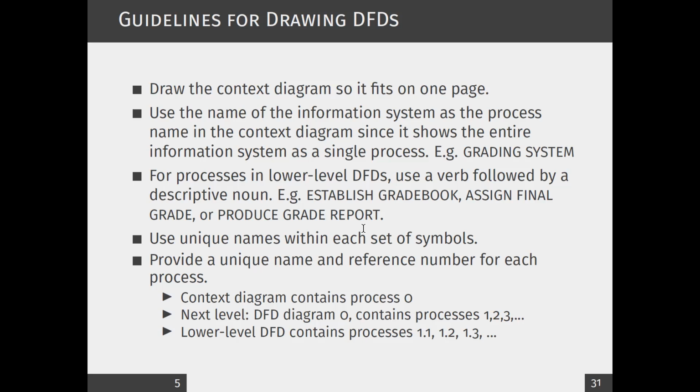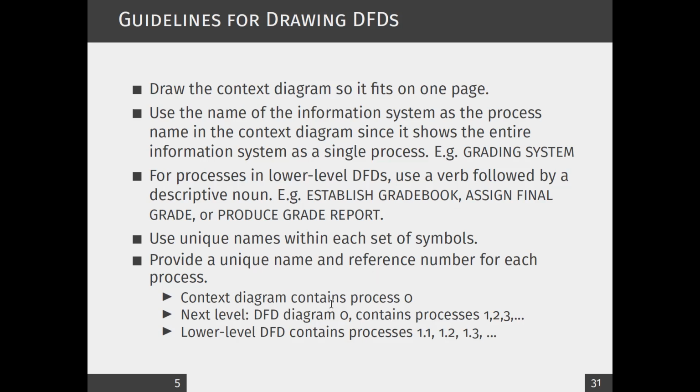These are called low-level data flow diagrams, right? Then, when you're using these symbols, the names we use within them should be unique. You should not use repeated names for this. And usually we put up a number as well.